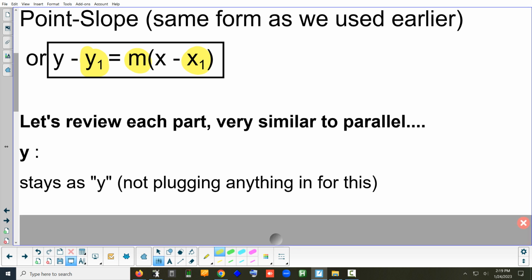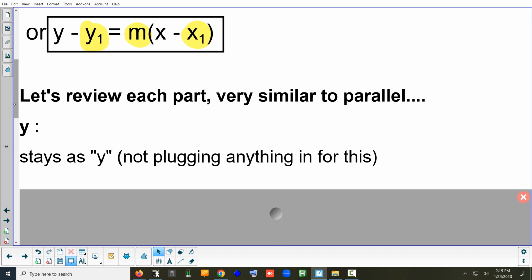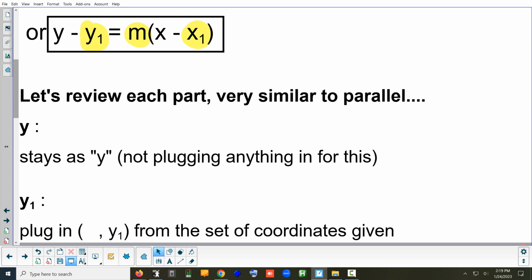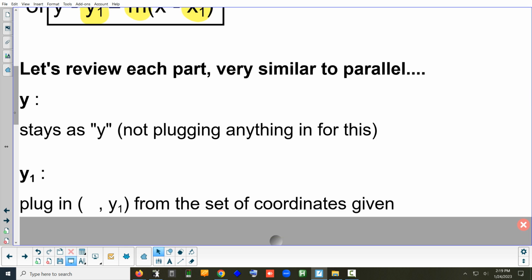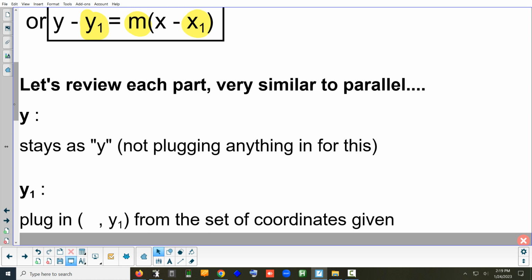How about y1? Is that something that we need to plug something in for? Yes, it is. The y1 is going to come from a coordinate that they give you. Specifically, it has to be the number that's after a comma. So they're going to give you a coordinate, and the number after the comma is the y1. What comes right after the y1?